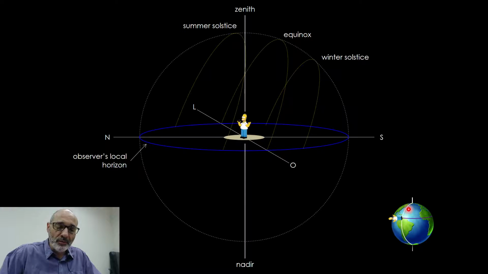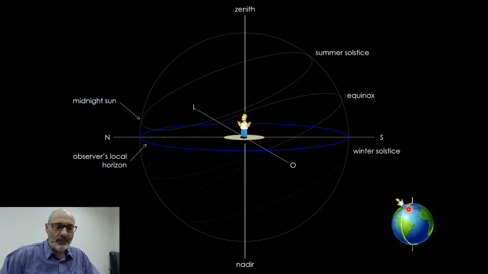If our observer continues to move north, something interesting happens. Above the Arctic Circle, during summer the sun doesn't set, so it stays in the sky for the whole day. And during winter, the sun does not rise.